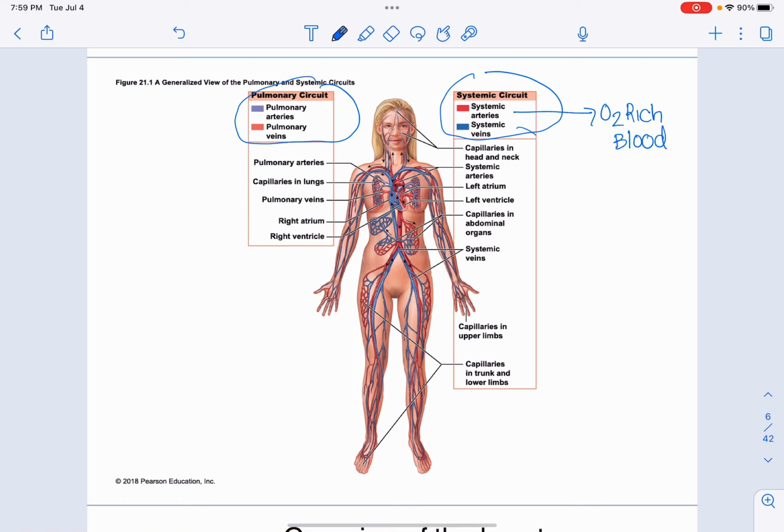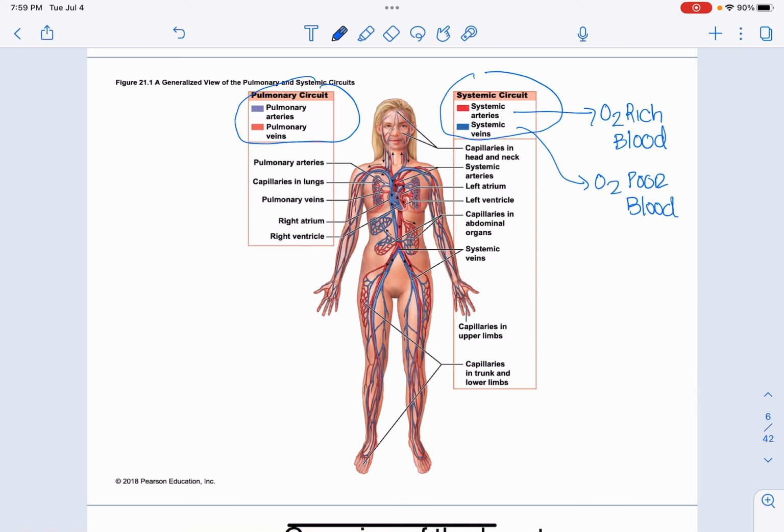And veins are going to carry oxygen-poor blood. And the reason for this, which is what I've been talking about, is what's happening with the pulmonary circuit. And this often confuses students.